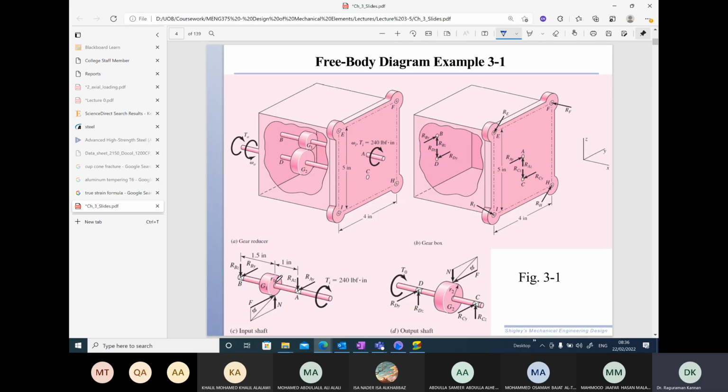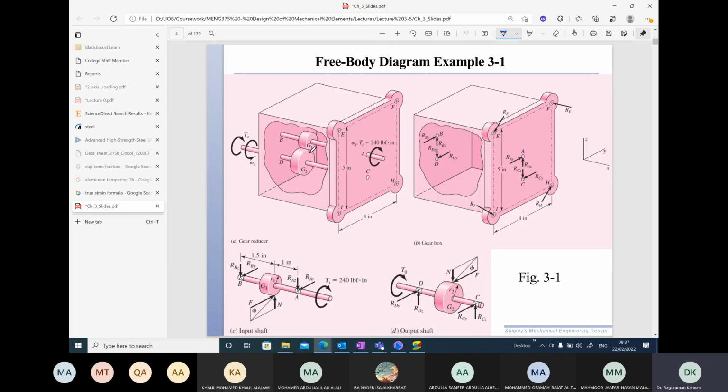For the shaft and the gears mounted, we can see gear G1 meshes with gear G2. That means between the gears there are forces, and the forces will be in a particular plane, the YZ plane. We are going to assume these are spur gears, but if it is a helical gear, then we will have forces in all 3 directions, along X, Y, and Z, between the gears.